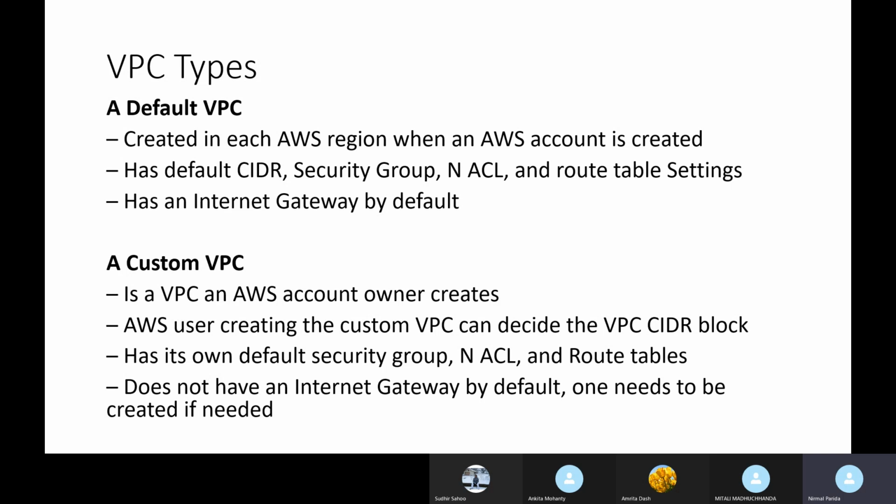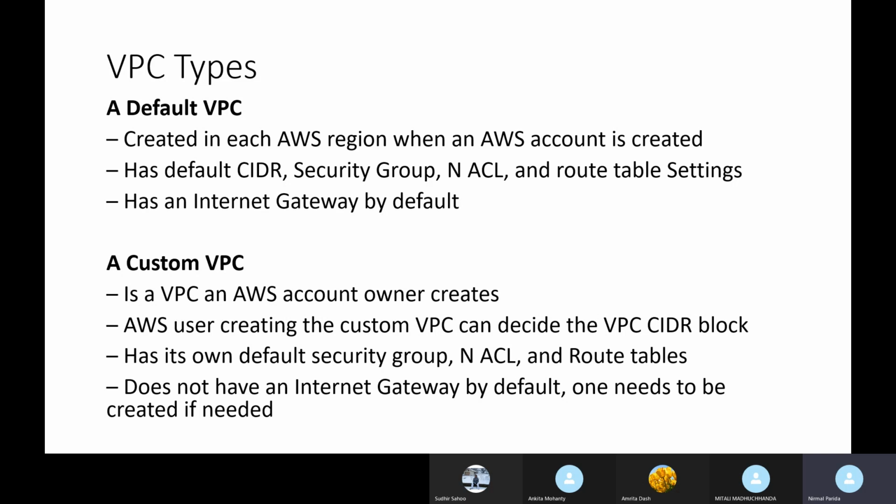Default VPC means AWS creates one VPC for you in each region. Along with the VPC, they also give a default CIDR block, default security group, default NACL, default route table settings, and also one internet gateway.